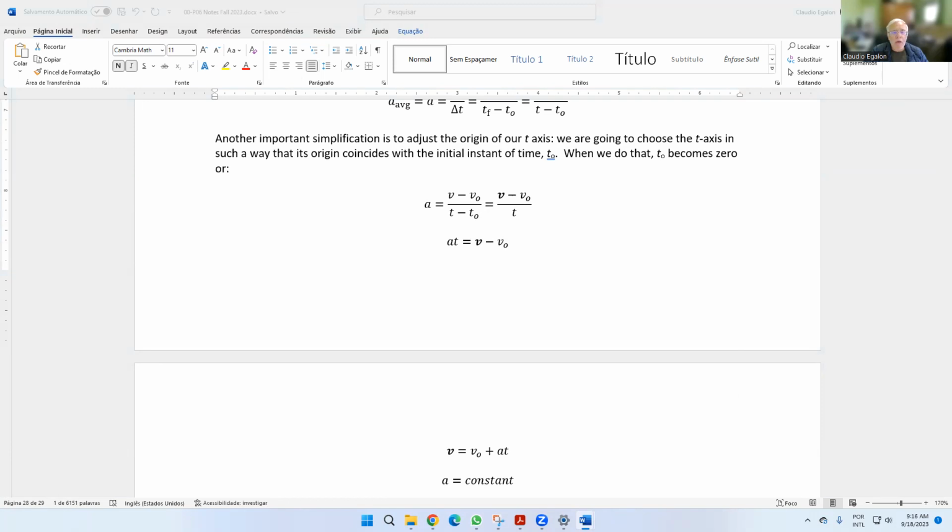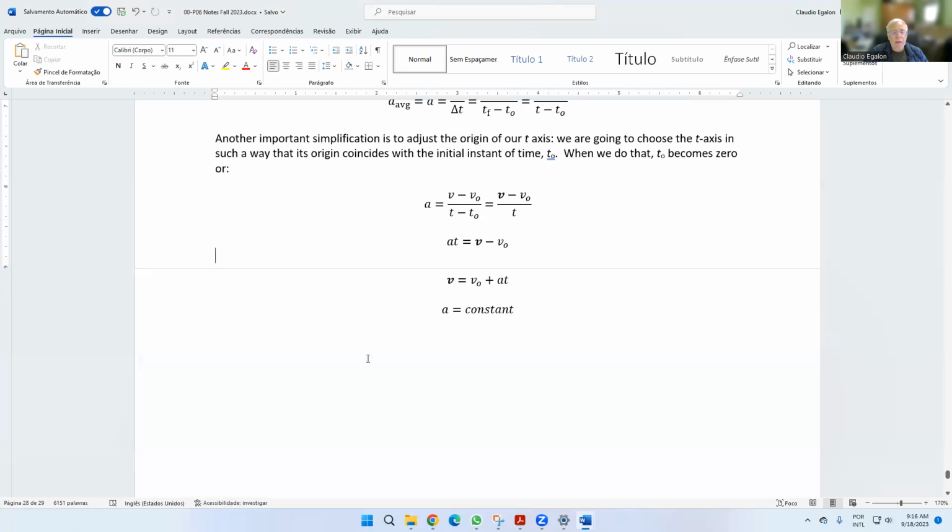How do you solve the equation for x? We go back to find the third equation of motion. We use the definition of average velocity.